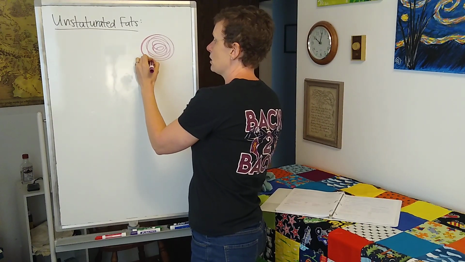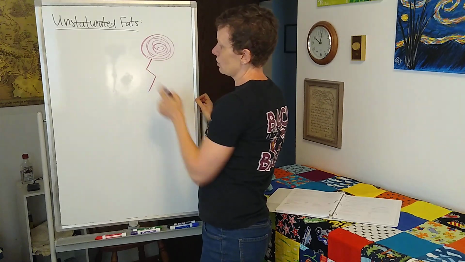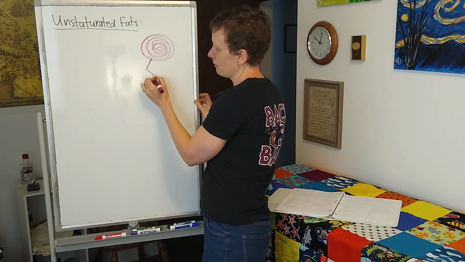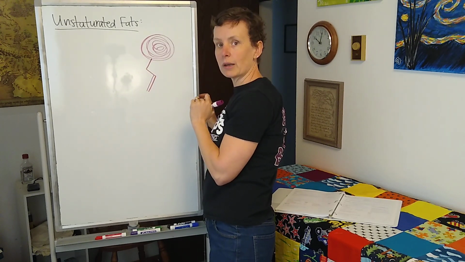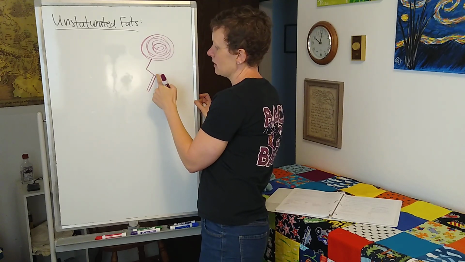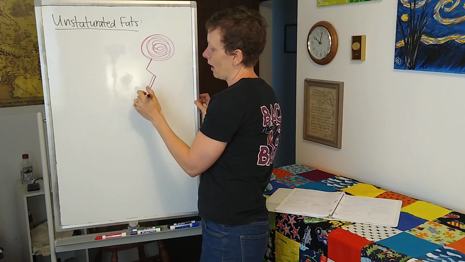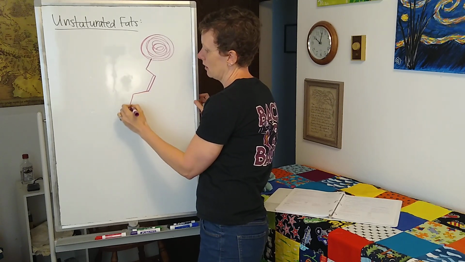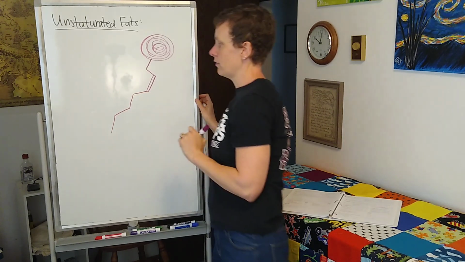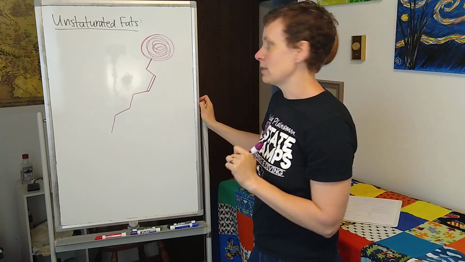So I'm going to draw this out. I'm going to just do a couple zigs here, and then I'm going to turn this one into a double bond by just adding another line. And if this came in from the left side, at the other end of the double bond, it's going to go out on the left side. And just add a few more zigzags after that double bond.